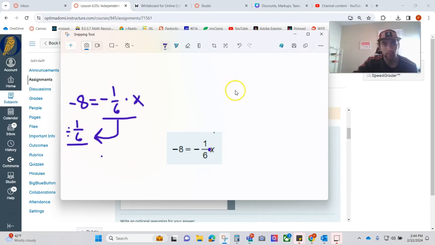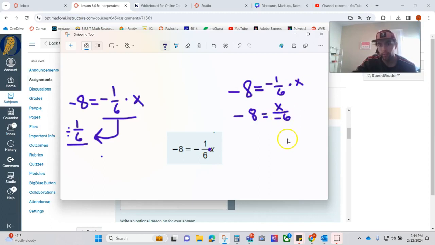Another way to do this is timesing by a fraction, especially when the top number is 1. We call those unit fractions. It's the same as dividing by the denominator.